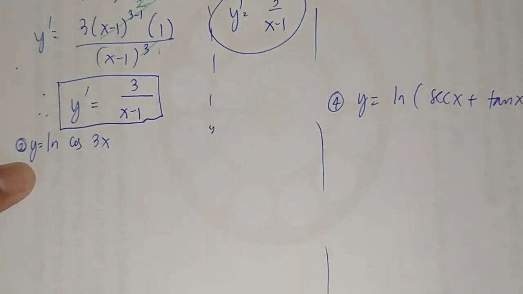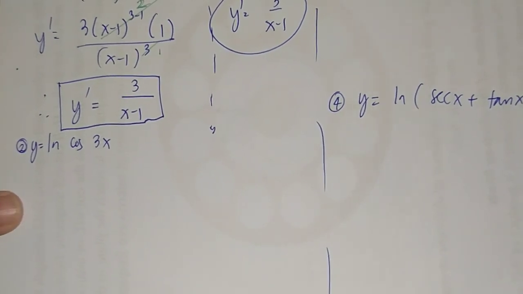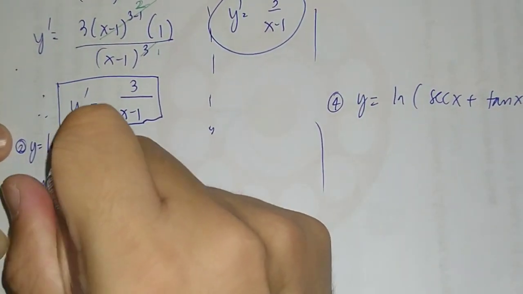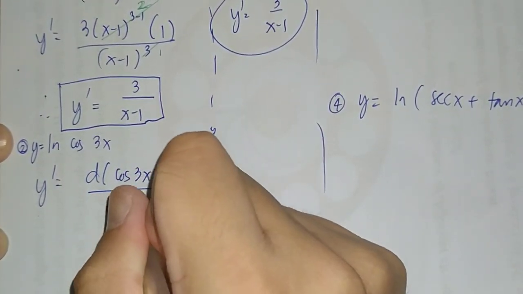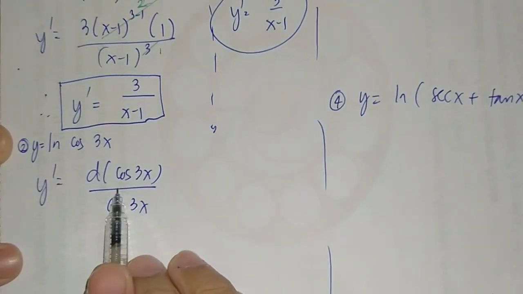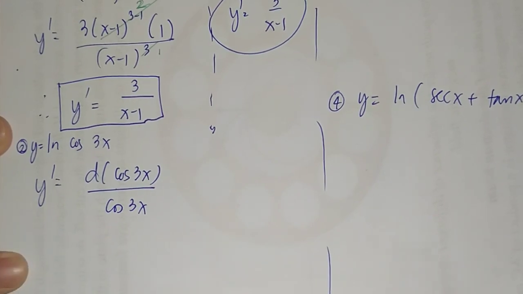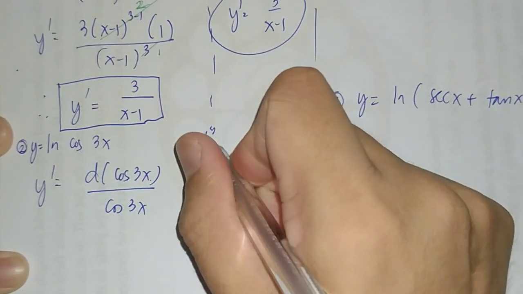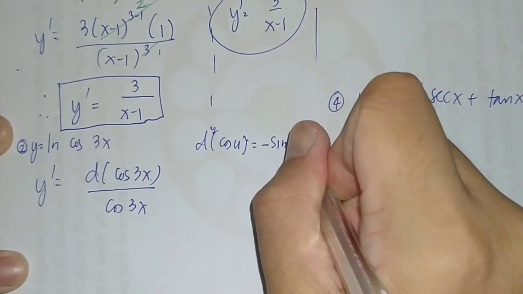We have here y is equal to ln cosine of 3x. So, ln of u, so y prime is the derivative of cosine 3x over cosine 3x. What's the derivative of cosine 3x? We will discuss that in the derivative of trigonometric functions: the derivative of cosine u du is equal to negative sine u du.